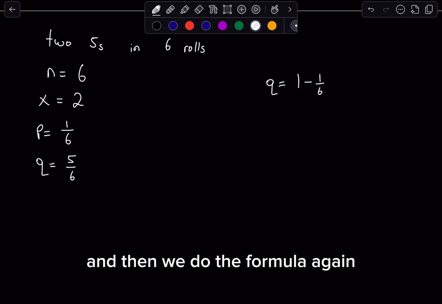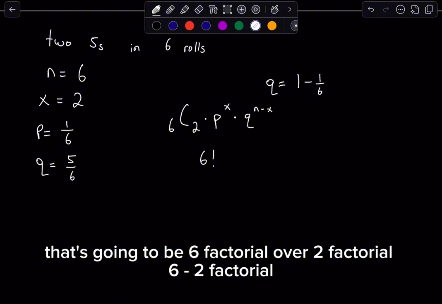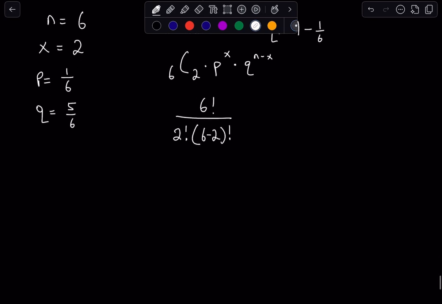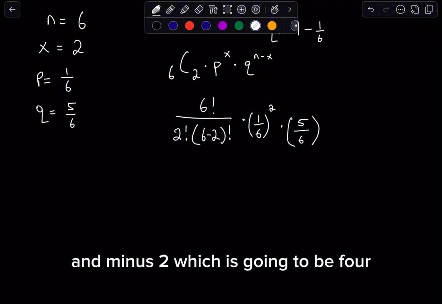And then we do the formula again. So 6 choose 2 times p to the x times q to the n minus x. That's going to be 6 factorial over 2 factorial, 6 minus 2 factorial, times 1/6 squared, times 5 over 6 to the n minus 2, which is going to be 4.